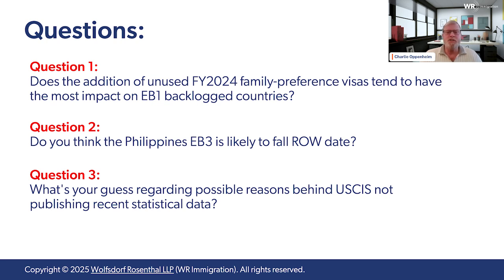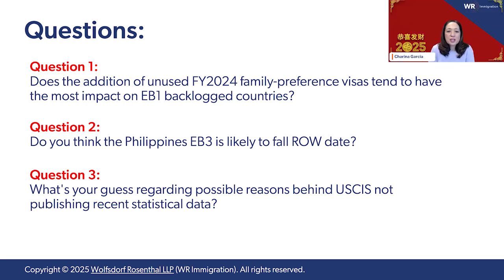Things could change if there was a backlog in processing and suddenly a large amount of Philippines applicants are reported with priority dates earlier than the current date, that could impact it. But again, I think things for the moment look positive for Philippine third preference staying at rest of world date.